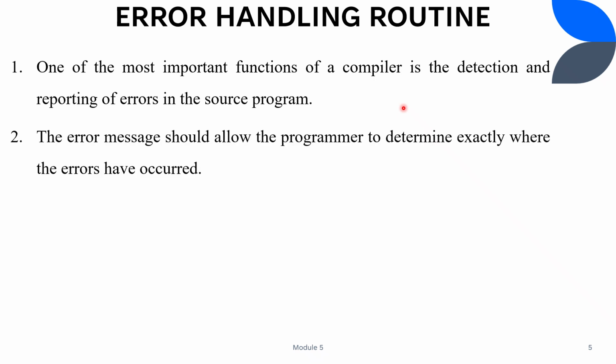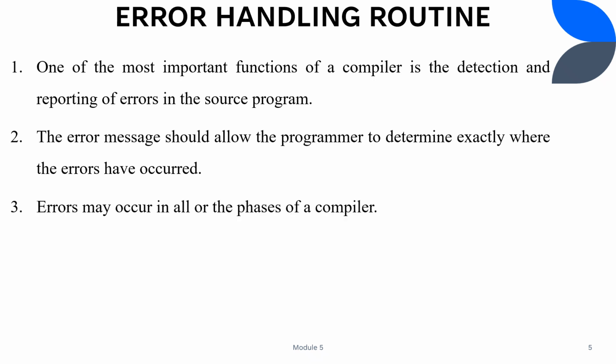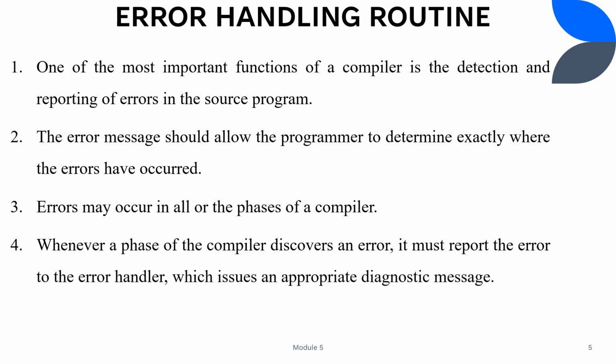The error messages displayed to the programmer should be given in a crisp format so that it becomes easier for the programmer to see where exactly the error has occurred and what the error is. As I said, errors may occur in any phase of the compiler.